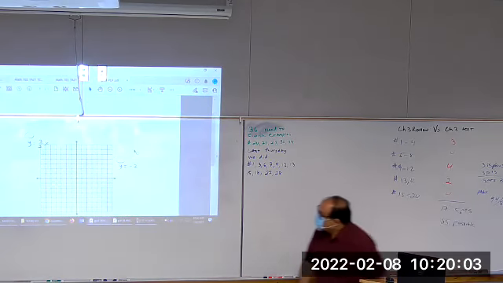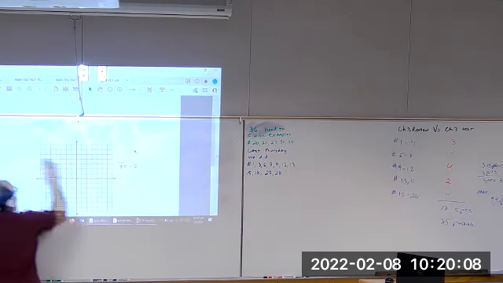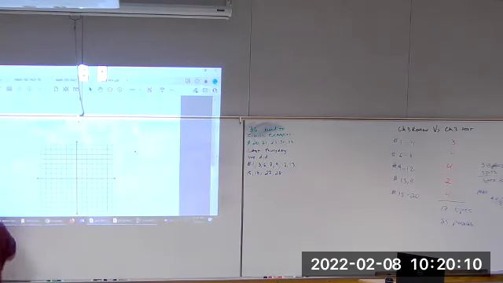So start with your f of x equals 3 over 2 times x. So that means y equals 3 over 2x. The goal for graphing is to get it in slope intercept form, so you know what the slope and the y-intercept is, because that's the easiest thing to graph. Y is by itself, so we have y equals mx plus b.